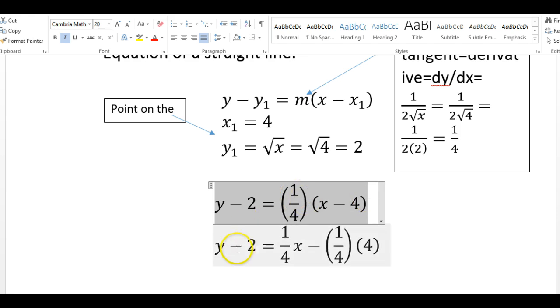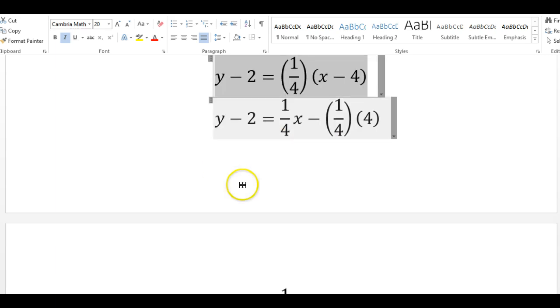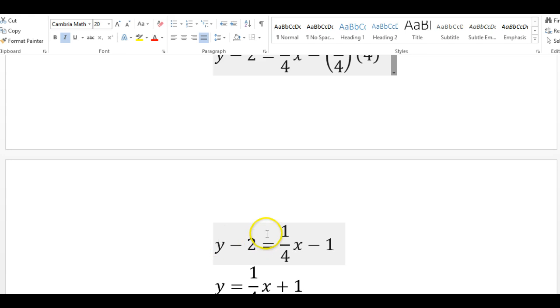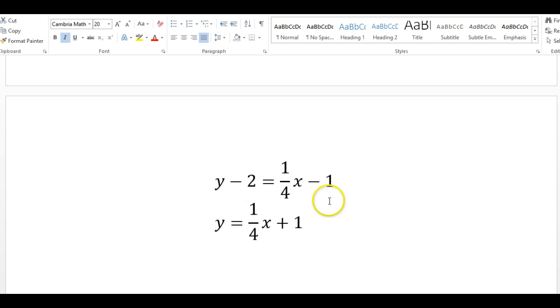So y minus 2 is equal to 1/4 x minus 1/4 times 4. The 1/4 and 4 cancel off, and you get minus 1. Take the negative 2 onto the other side: y equals 1/4 x plus 1.